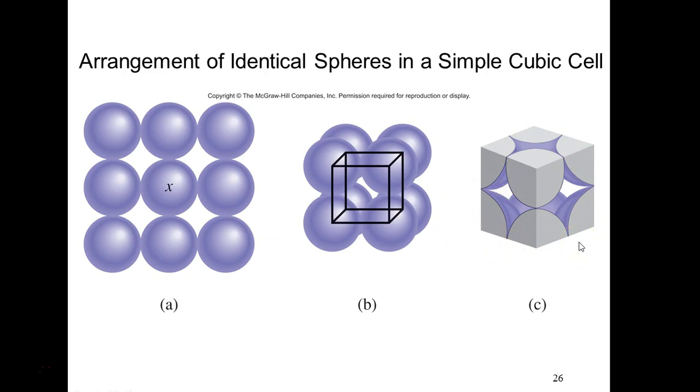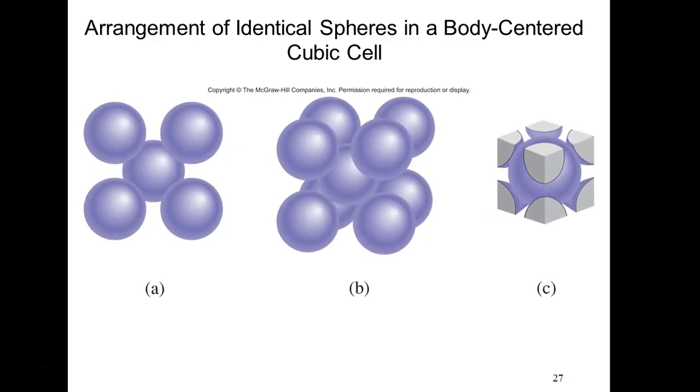So albeit you have, in the 2 layers of this unit cell, 8 spheres, you really only have 1 whole atom packed into each of these unit cells. And we'll be working with that later.